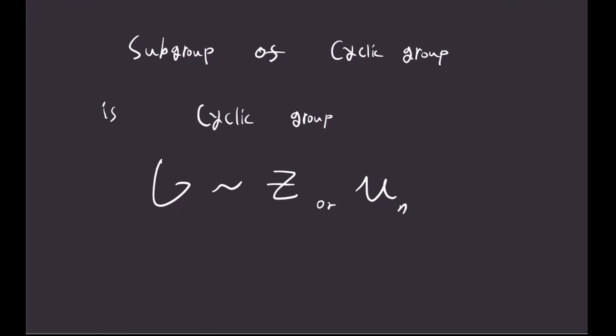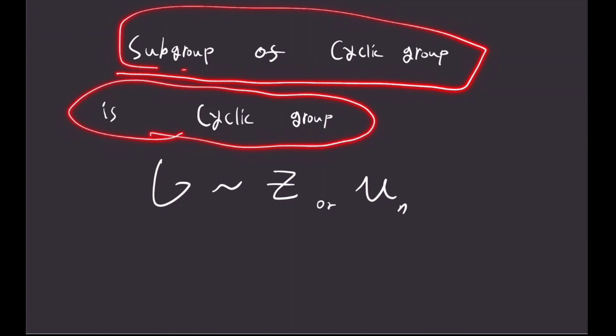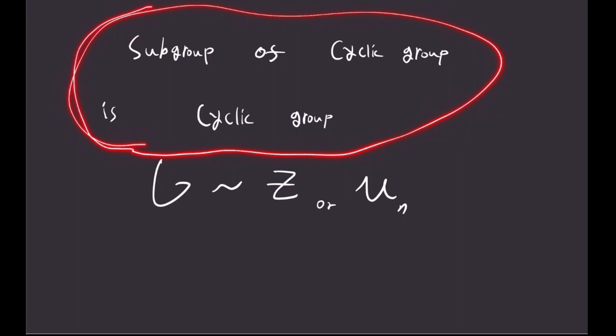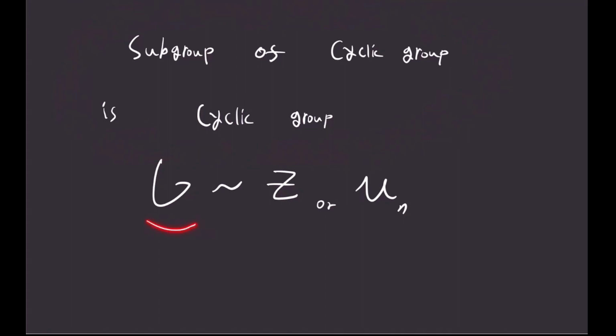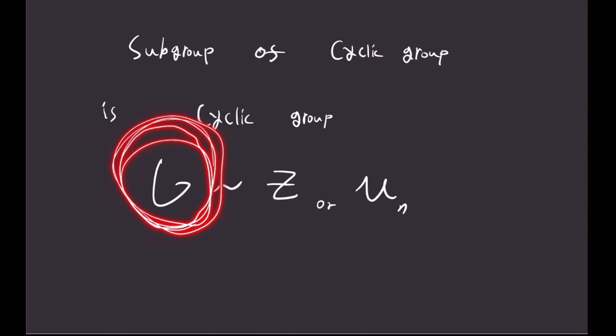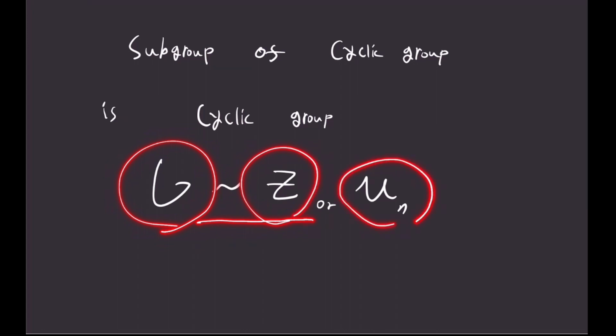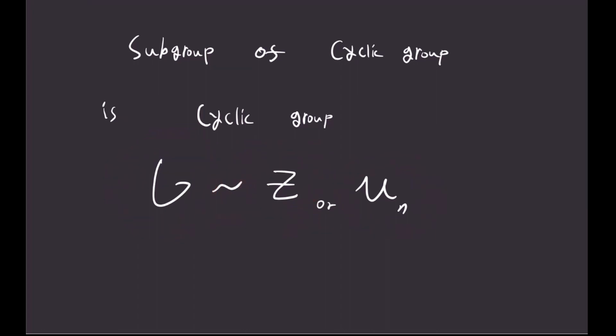Let's understand this exercise. The subgroup of a cyclic group is always a cyclic group. But this is a very simple question because of the power of isomorphism. Any cyclic group is equal to the integers or mu sub n up to isomorphism, right?